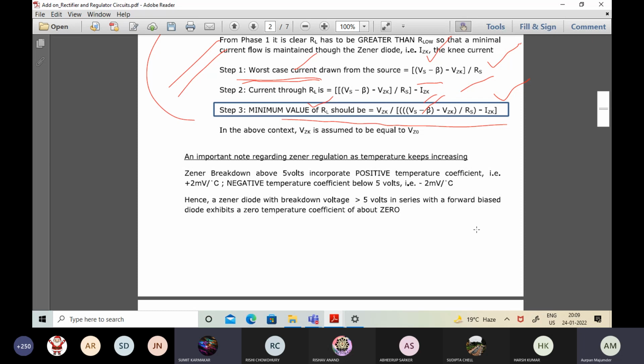A normal diode in the forward bias scenario has a negative temperature coefficient, which is equal to minus 2 millivolts per degree centigrade.